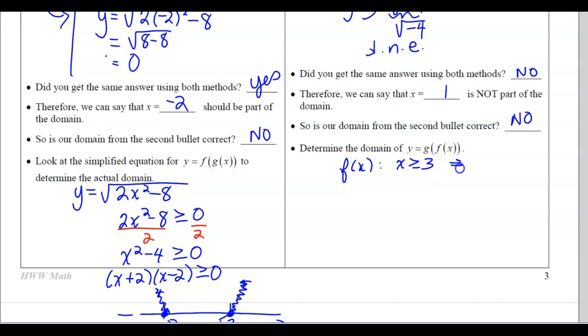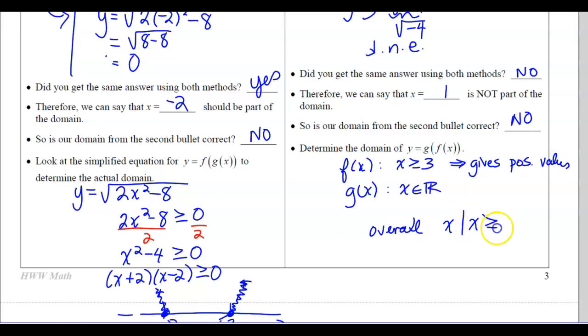Okay. So g of x is x equals all real numbers, right? So it's where these overlap. Okay, so overall, it's going to be x, where x is greater than or equal to 3.